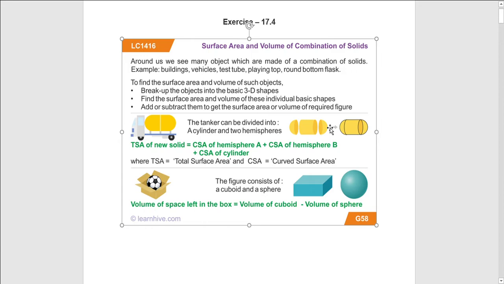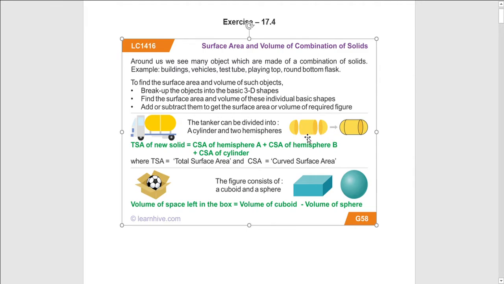If you are asked to find the total surface area of the solid, you have to break it up: curved surface area of this hemisphere plus curved surface area of the cylinder plus curved surface area of this hemisphere.